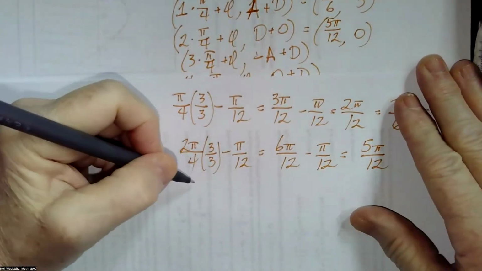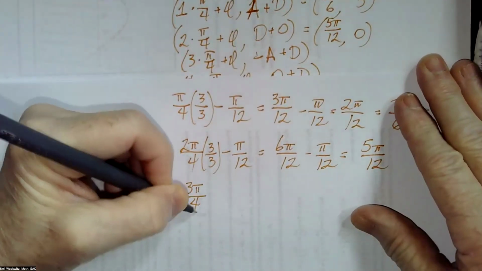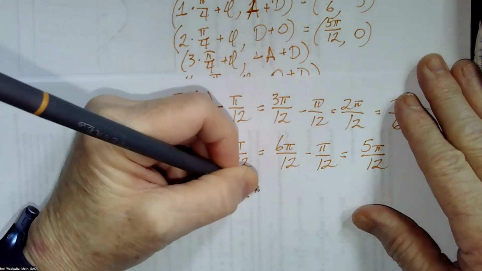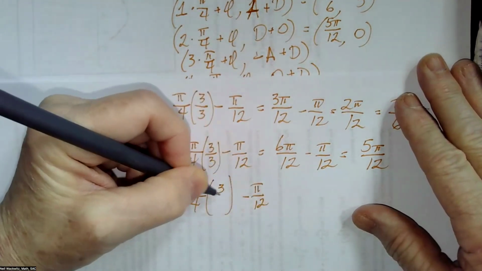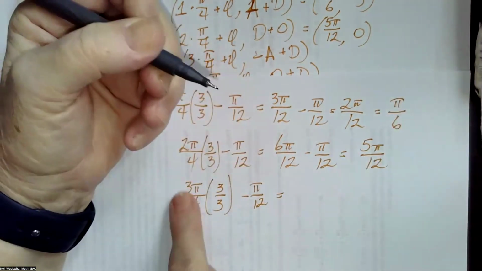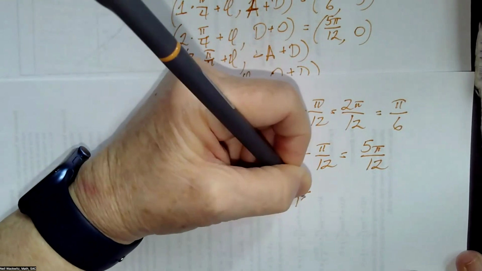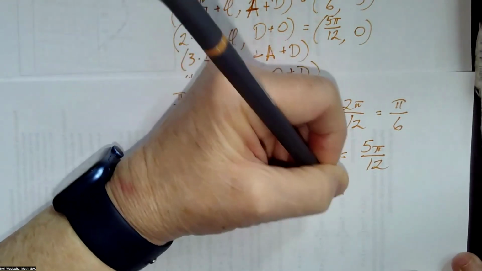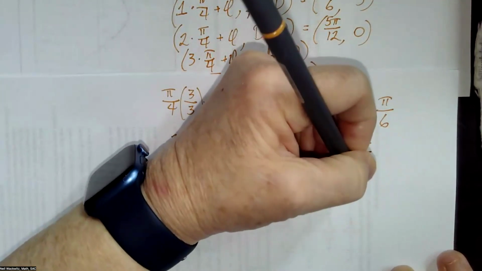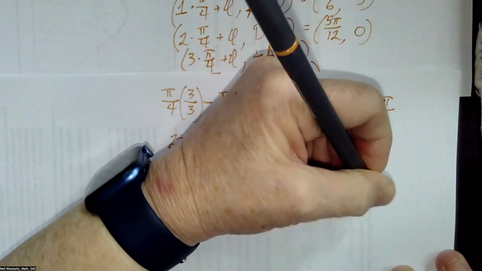Now we have 3π over 4 minus π over 12. That gives us 9π over 12 minus π over 12. That gives us 8π over 12.